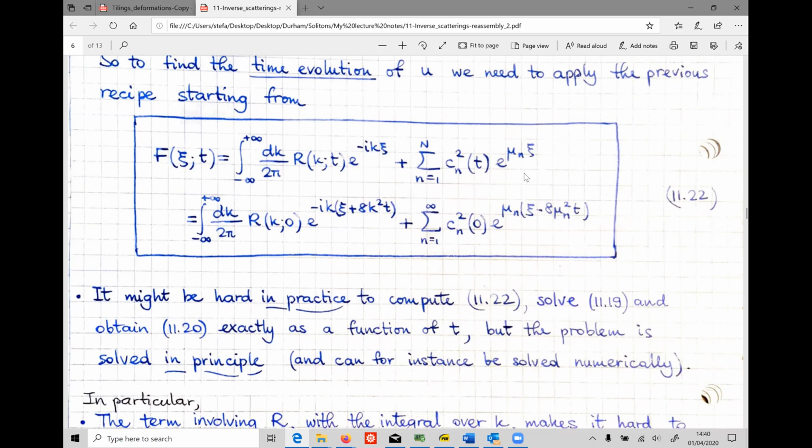So still, in this expression here, you can superimpose different solutions coming from different bound states, so that each would contribute a term to the sum, and different solutions coming from scattering solutions, different values of k, will contribute to this integral. So this is all nice and linear, and it's really literally a Fourier transform.